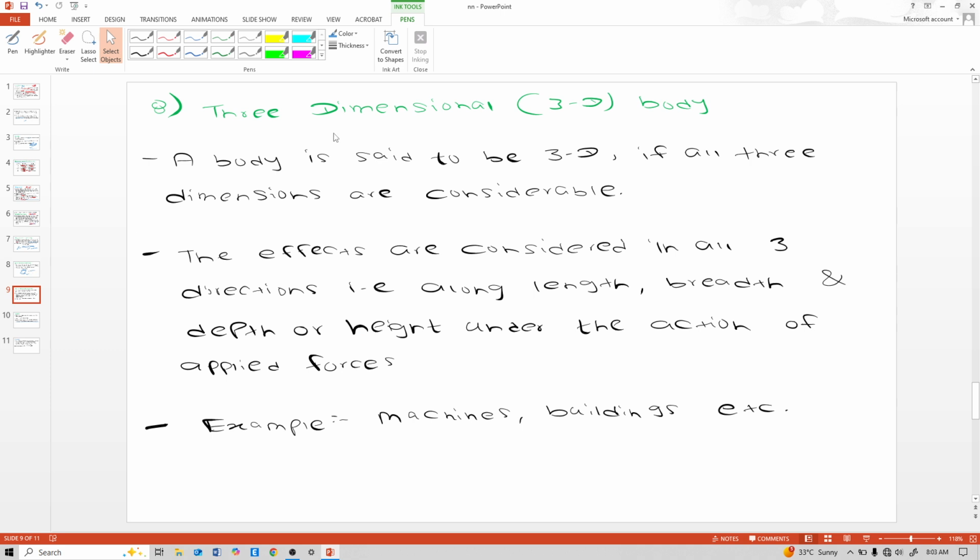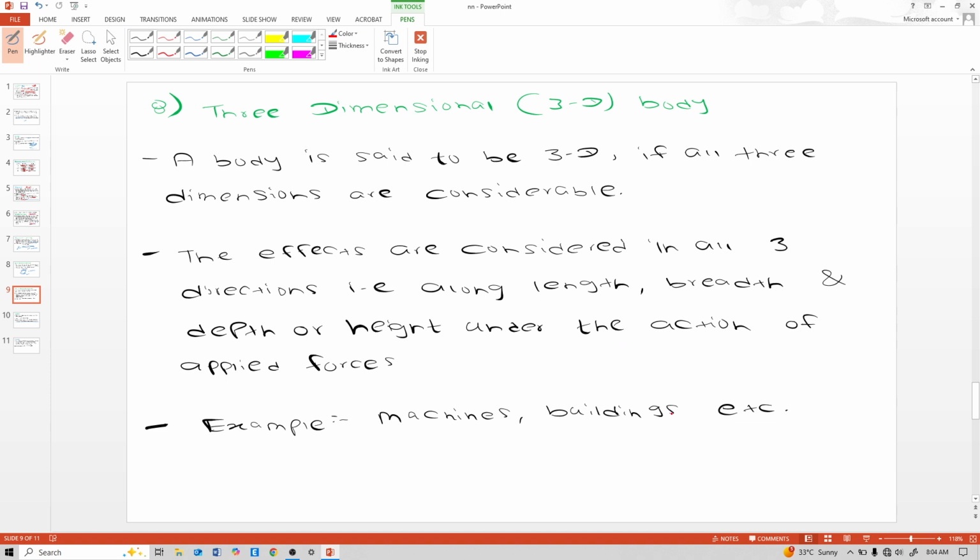Third is three-dimensional bodies. A body is said to be 3D if all three dimensions are considerable. The effects are considered in all three directions along length, breadth, and depth or height under the action of applied forces. Examples, machines, buildings.